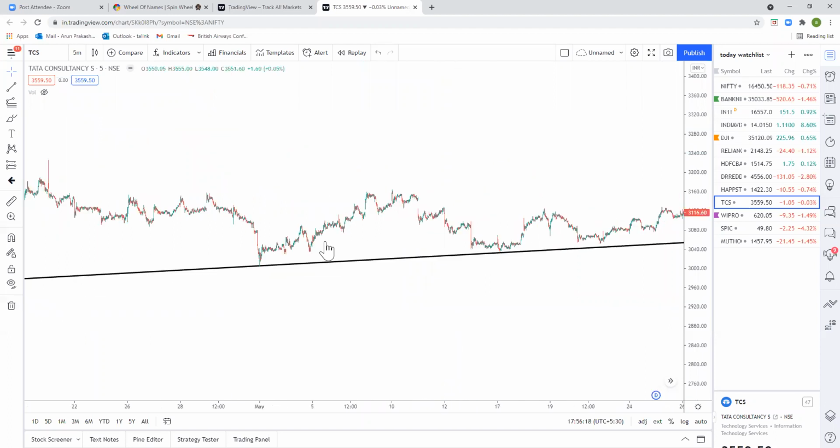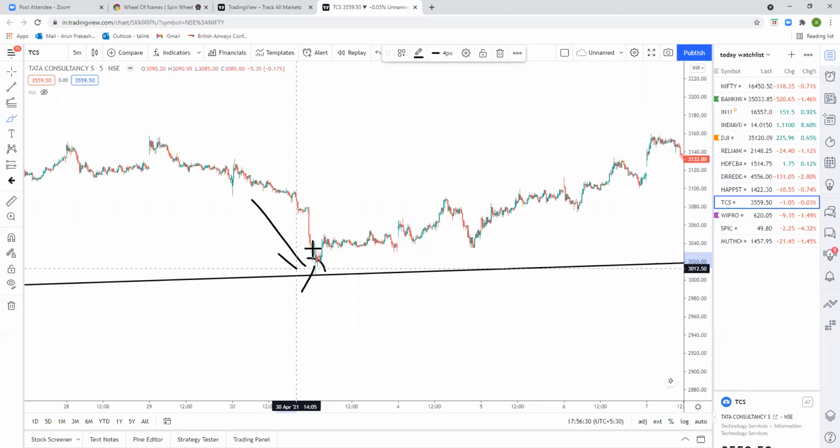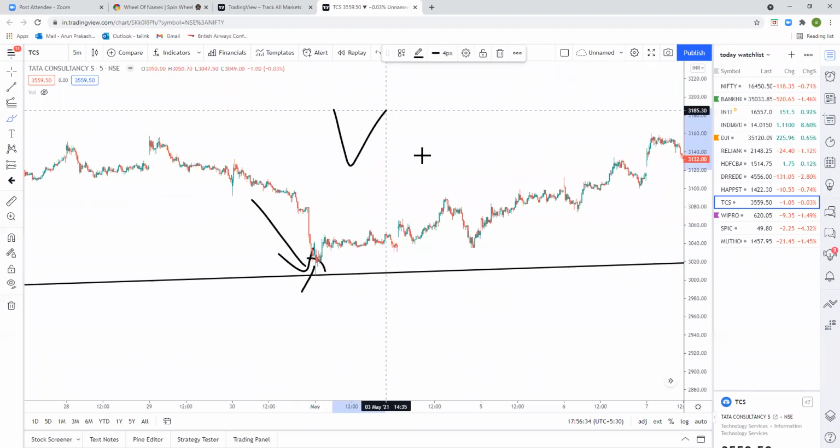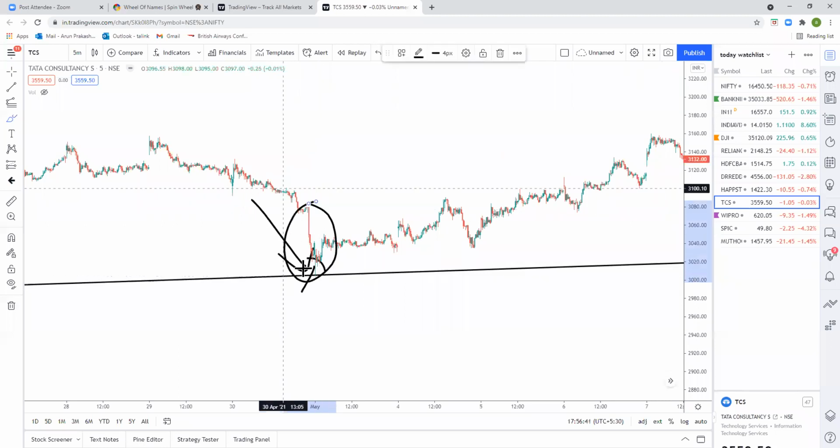So this is how it looks in 5-minute. If you want to take a trade here in 5-minute at the very first fall, I would not advise you to do this because I had told you at least wait for a double bottom structure to form. Make sure there is enough momentum because this would be like catching a falling knife. Huge bearishness coming into this trend line.